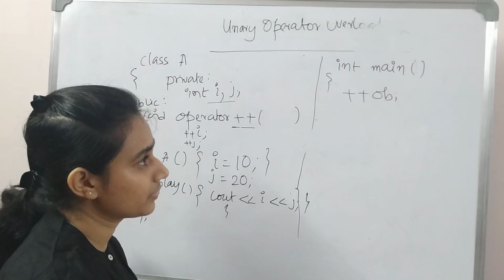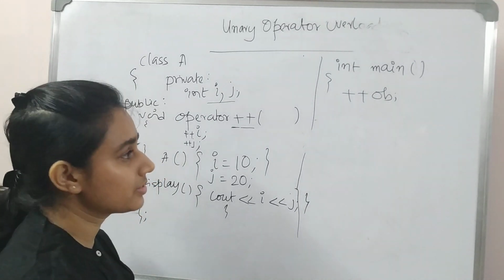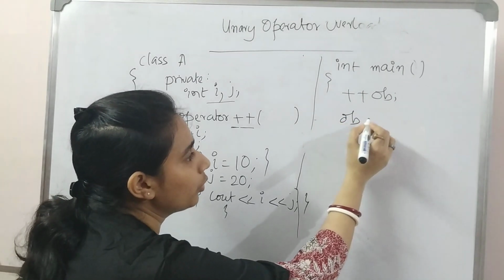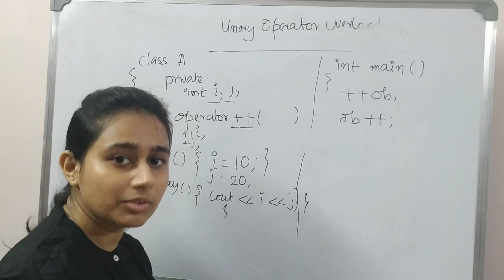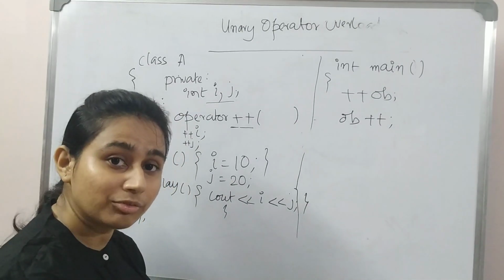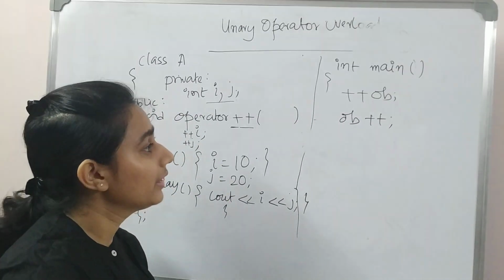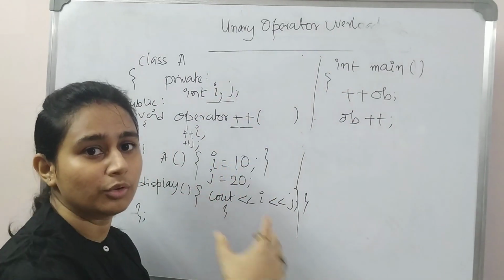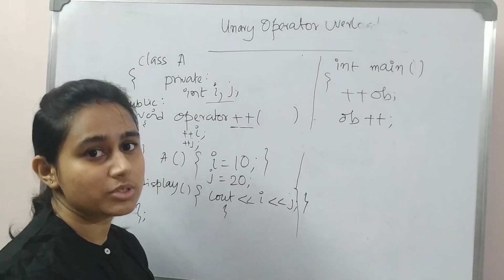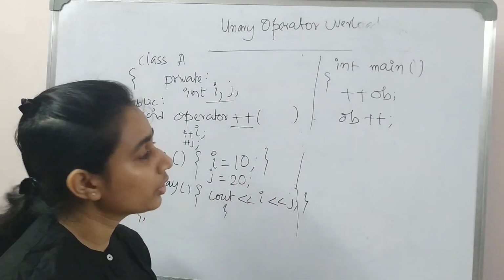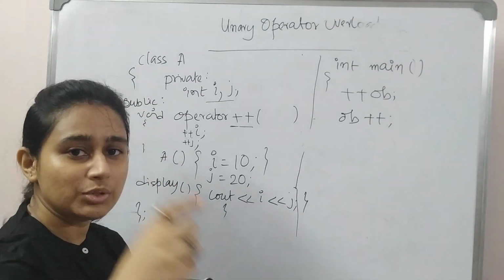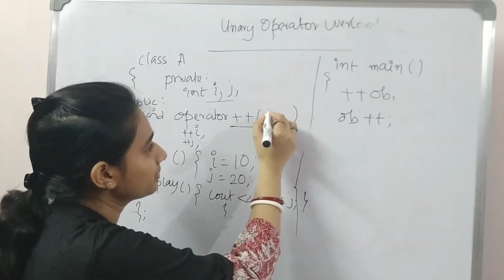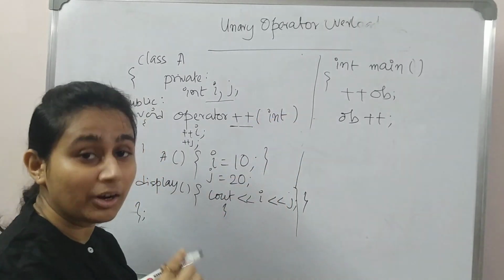So if you are going to write ob++, that means if you want to use it as a post-increment operator, then you have to inform the compiler that this operator will be treated as post-increment. And for doing this, just a simple modification is there. You need to write a dummy argument.